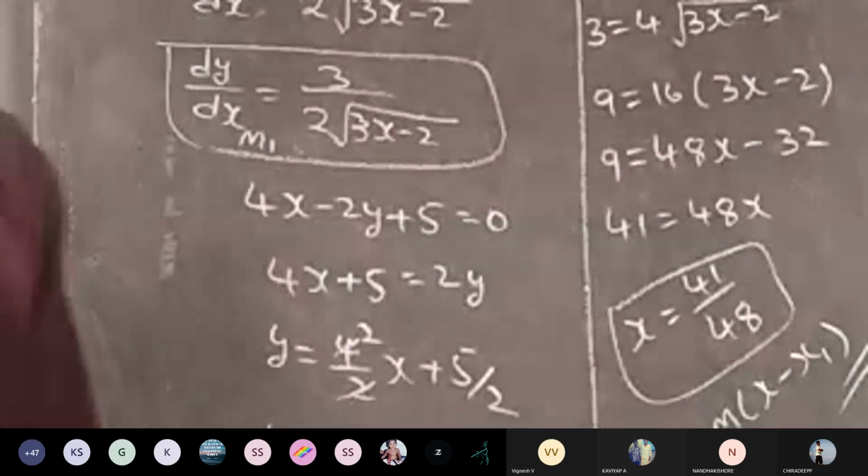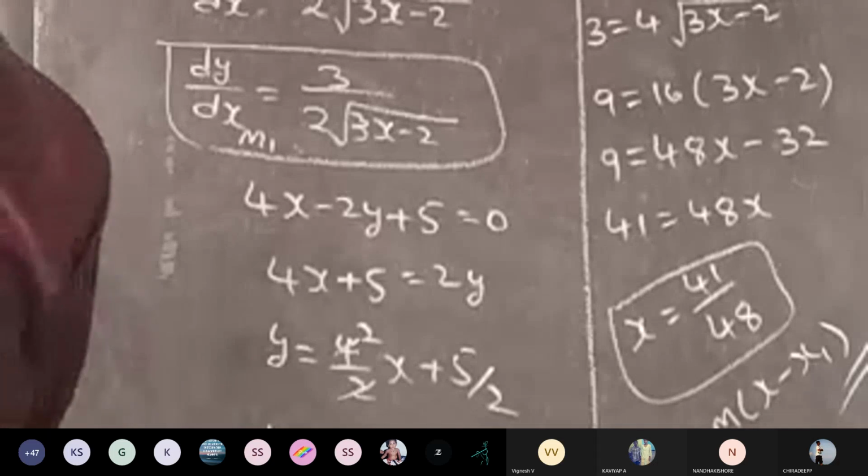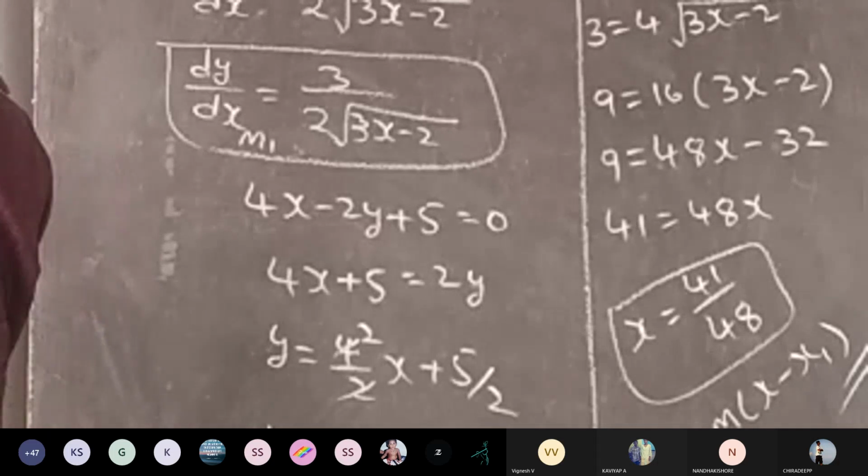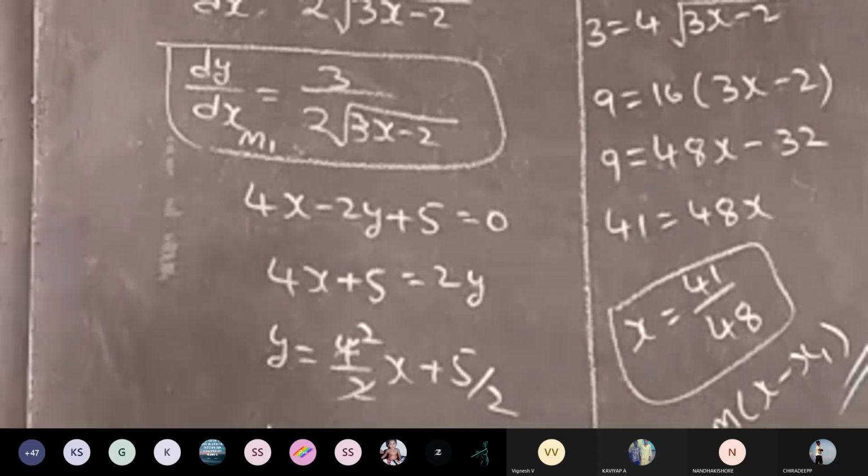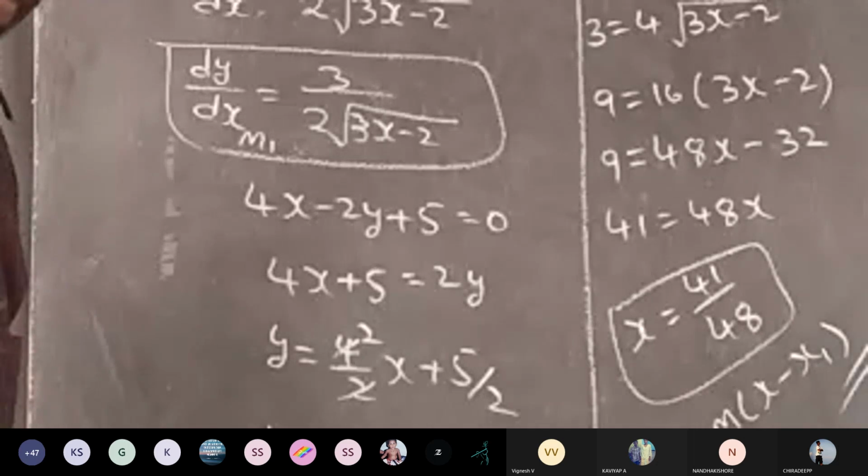In the chapter, two concepts are there: one is approximate values, one is maximum and minimum values.